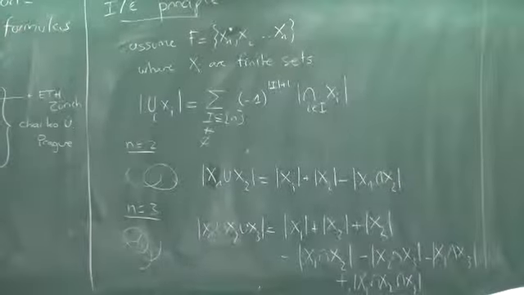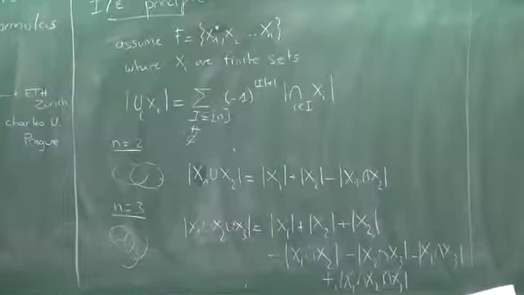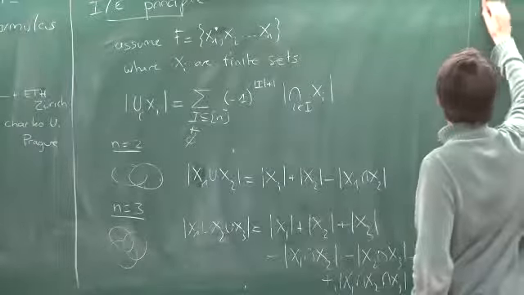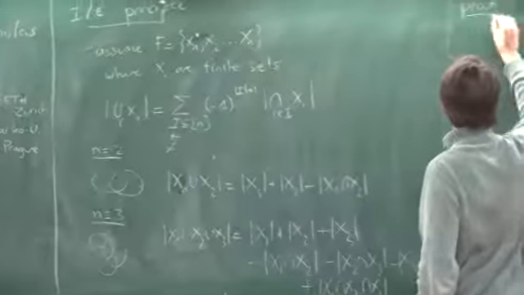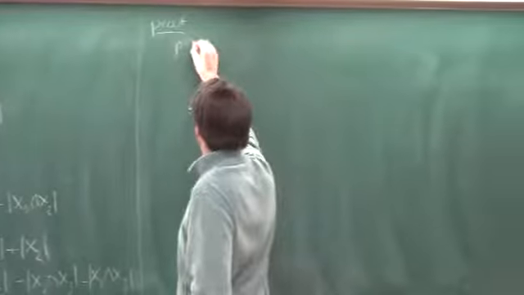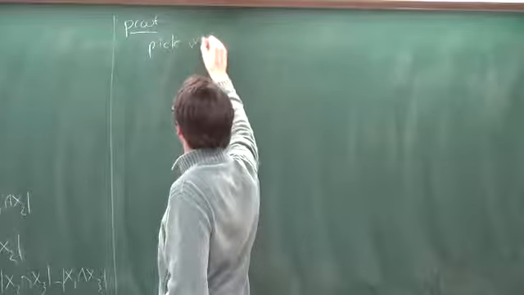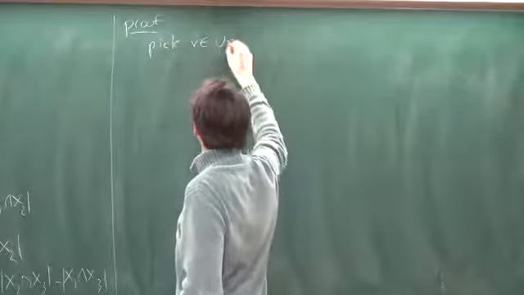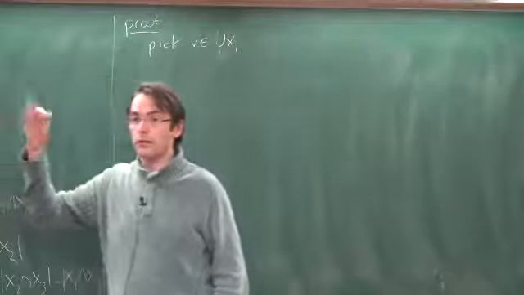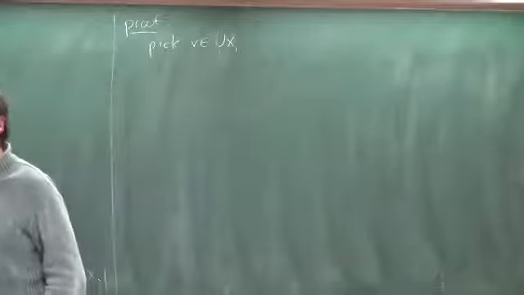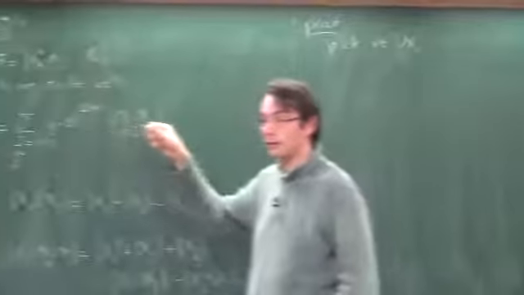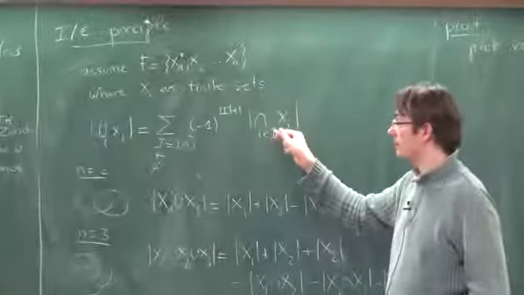Okay, and if you want to prove this principle in general, it's very simple. You can pick a point v in the union and you evaluate those 2 terms. You evaluate, in fact, the indicator function of this union at that point and the sum of the indicator functions of the intersections at that point.